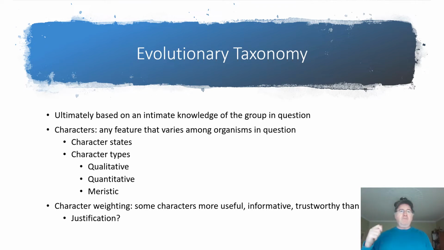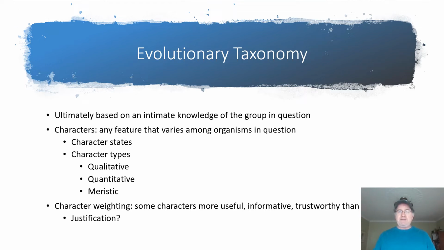And this idea of weighting, of giving more importance a priori to one set of characters versus another, is something they held very near and dear to their heart, and which some other groups of taxonomists criticized very strenuously.